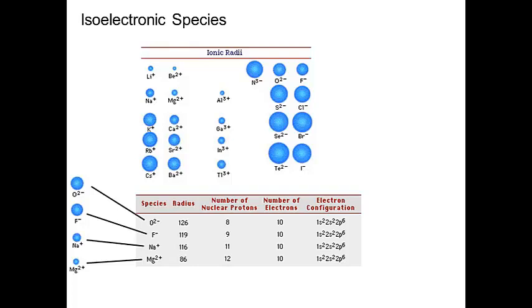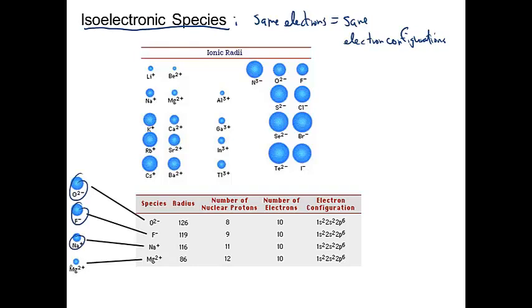We can think about this for a special set of ions called isoelectronic species, which means the same electrons, which means the same electron configuration. If we look at oxide, fluoride, sodium ion, and magnesium ion, they all have 10 electrons, so they have the very same electron configuration.